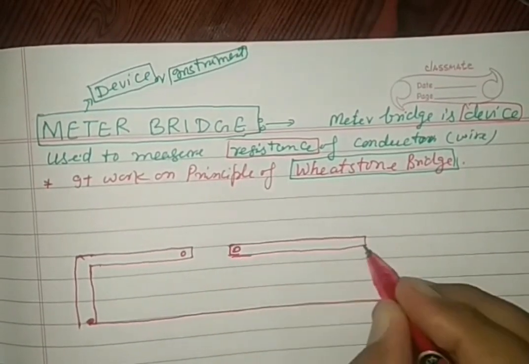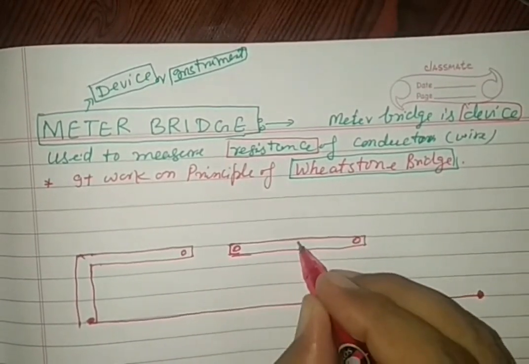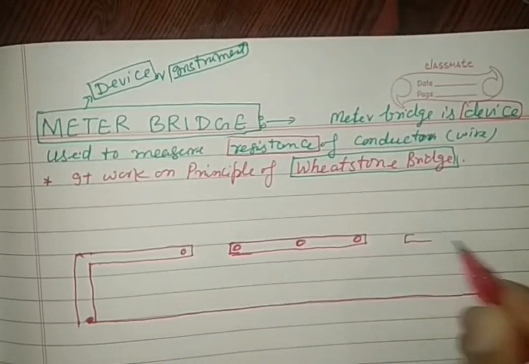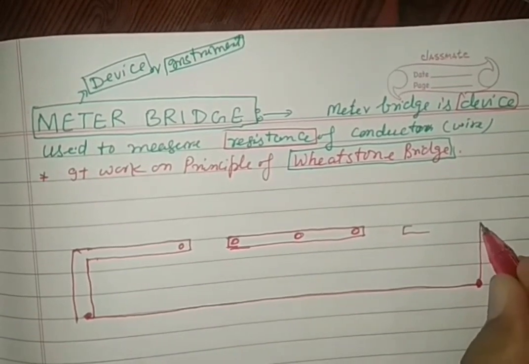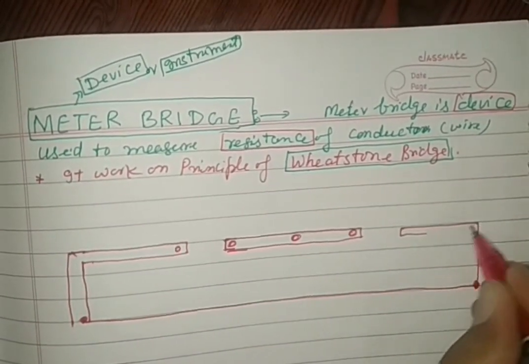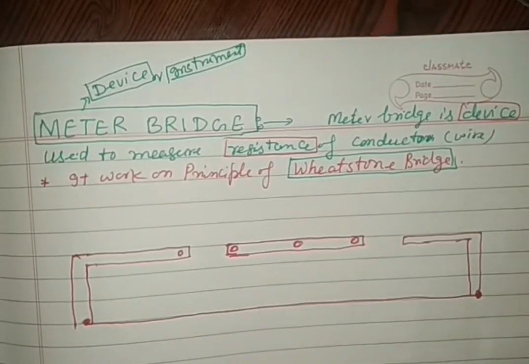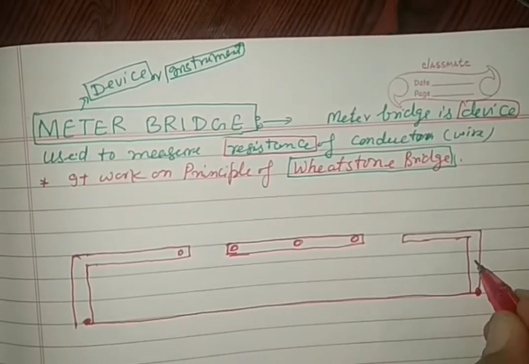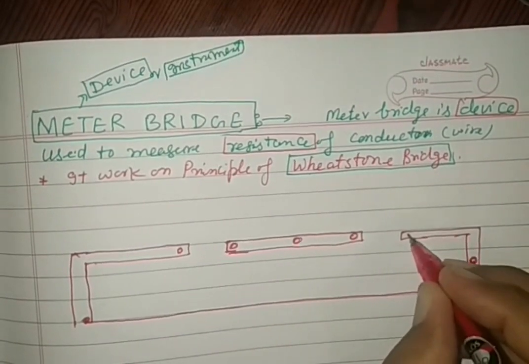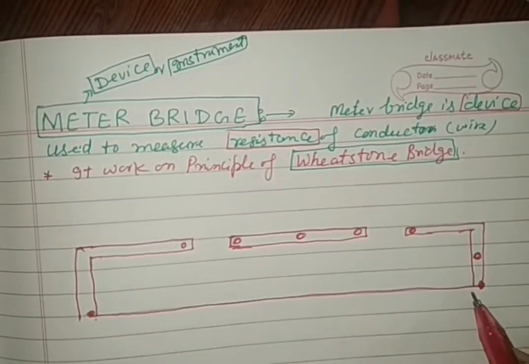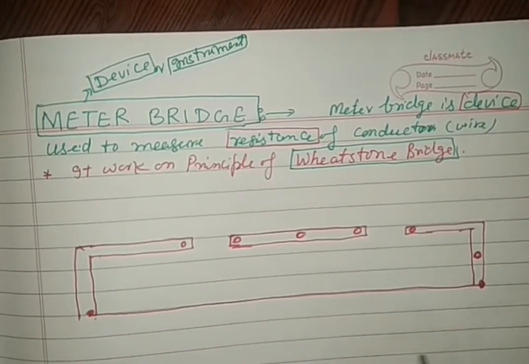Three terminals are provided here, 2 at the ends and 1 at the middle, then again an opening, upper terminal, here one terminal is provided and another terminal is here. So 1 meter wire is mounted on a meter scale, right?